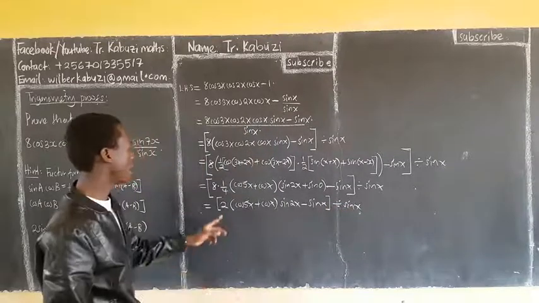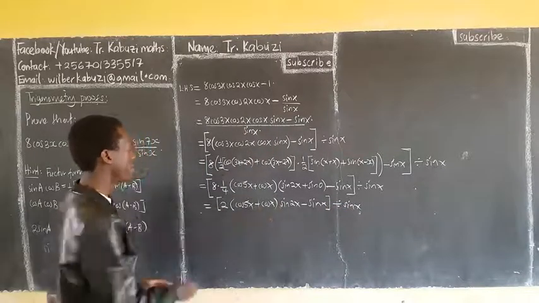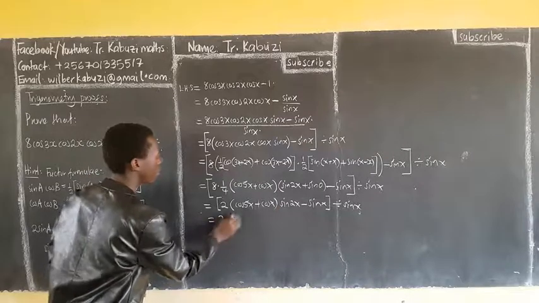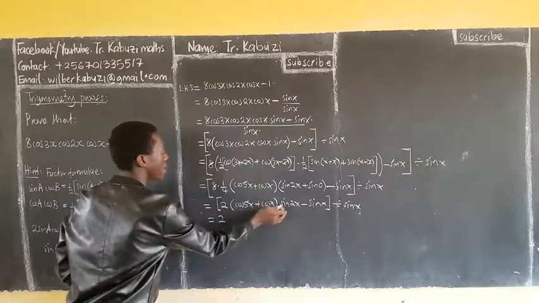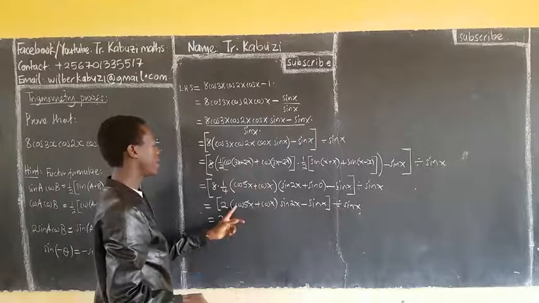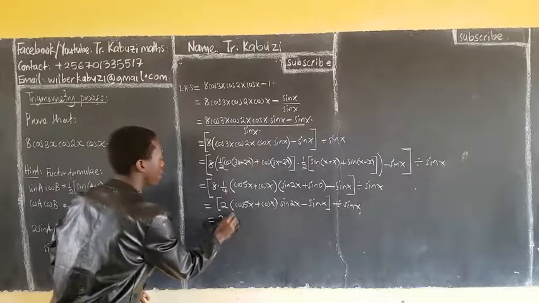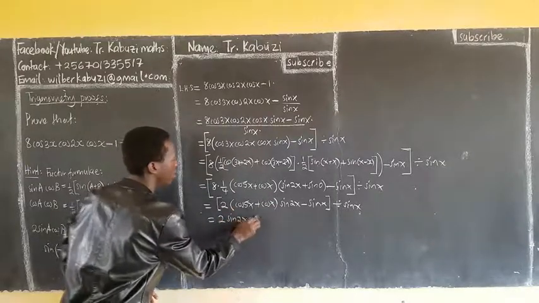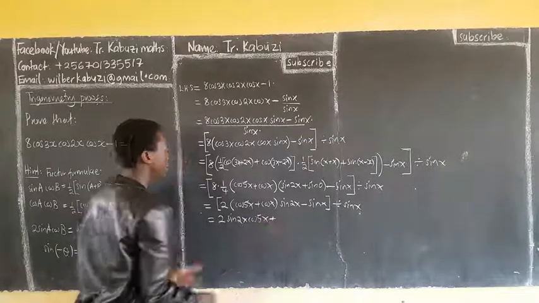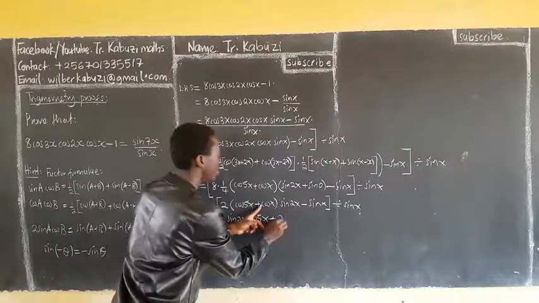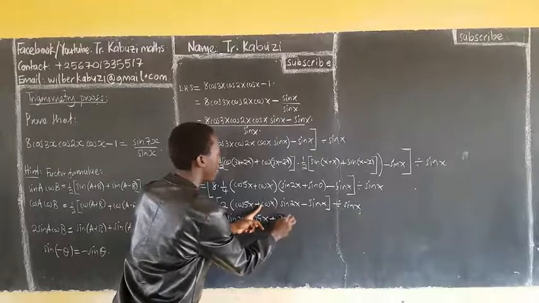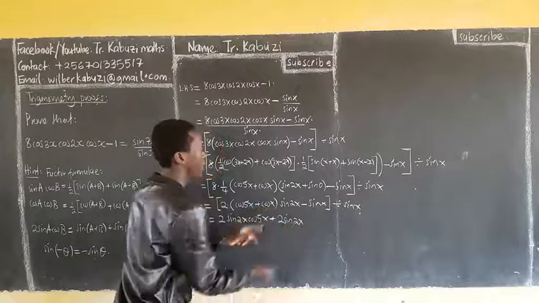So let me apply these 2, and these are going to open brackets. I'll be adding now 2, this times this times this make 2 sine 2x cos 5x, then plus 2 times this, you get 2 sine 2x sine x.